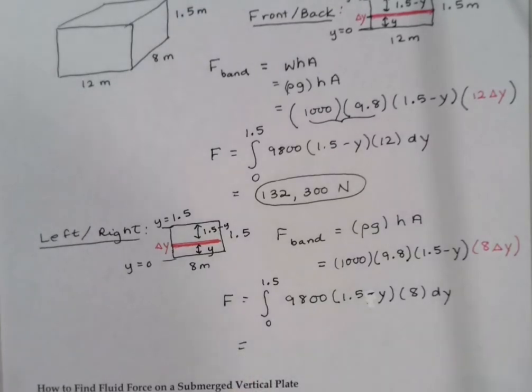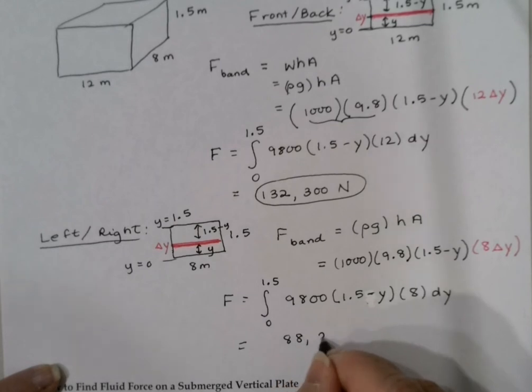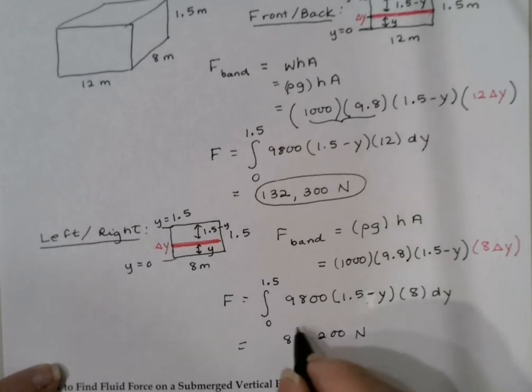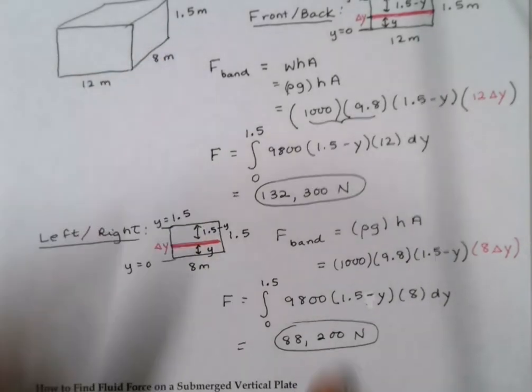And again, I just went ahead and plugged that into my calculator. This time I got 88,200 newtons. Makes sense, there's less fluid force on the smaller wall than there was on the larger wall.